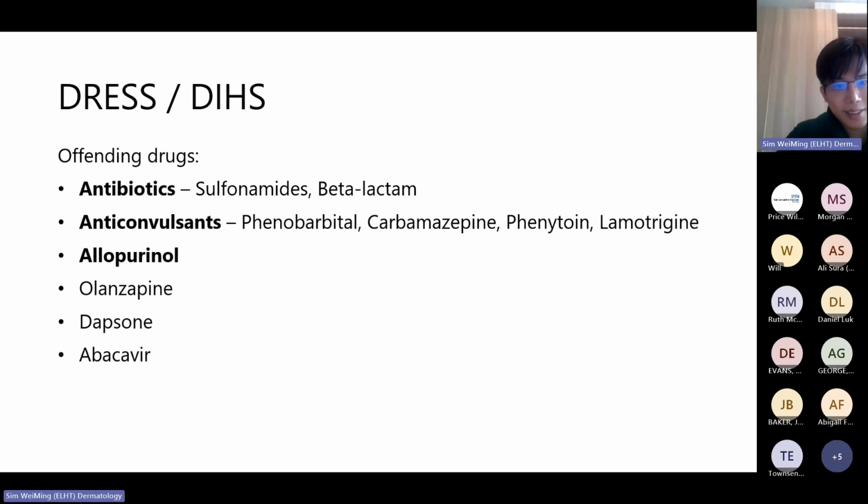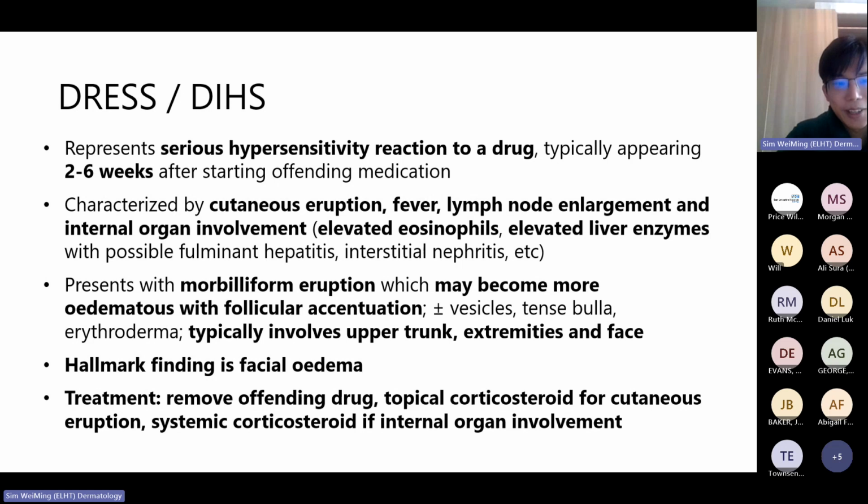And then, since I've spoken so much anyway, as an extension to DRESS and DIHS, the histology is actually not very relevant in DRESS, just because if you actually did a skin biopsy of one of those lesions, it could be very variable.